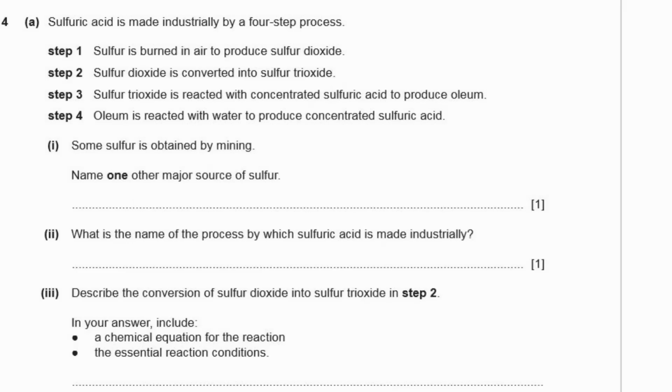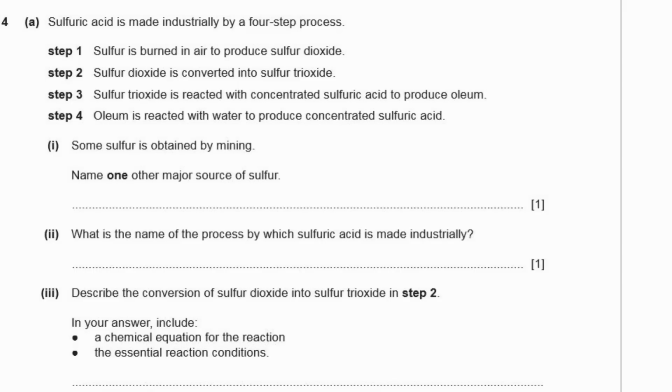All right. 4a, sulfuric acid is made industrially by a 4-step process. Step 1, sulfur is burned in air to produce sulfur dioxide. So the sulfur reacts with oxygen to produce sulfur dioxide. Step 2, sulfur dioxide is converted into sulfur trioxide. So obviously it reacts with more oxygen. Step 3, sulfur trioxide is reacted with concentrated sulfuric acid to produce oleum.